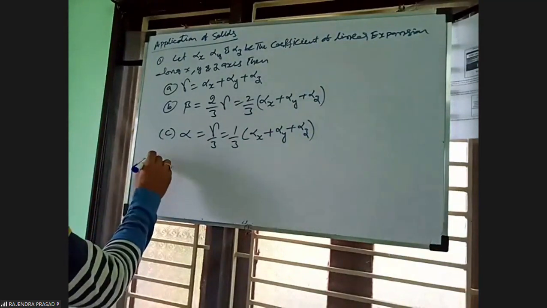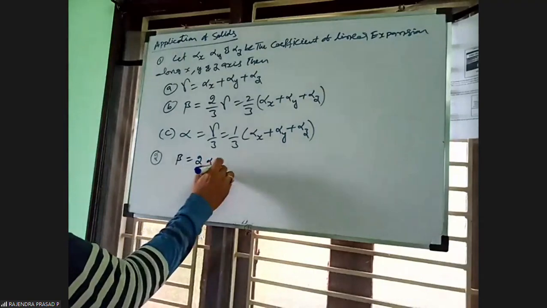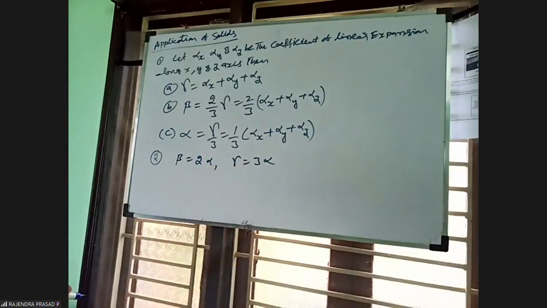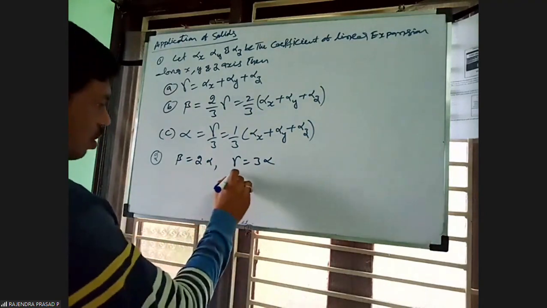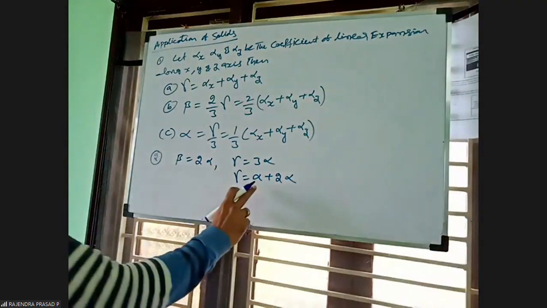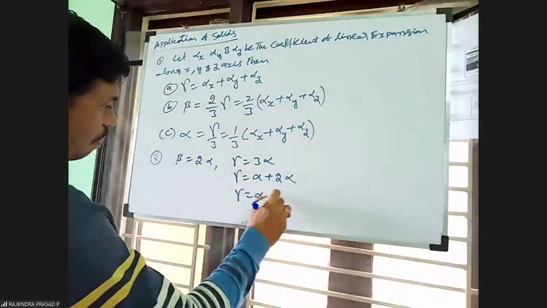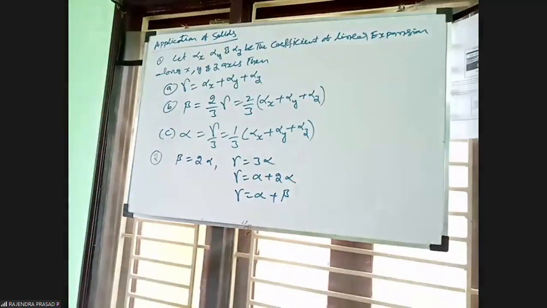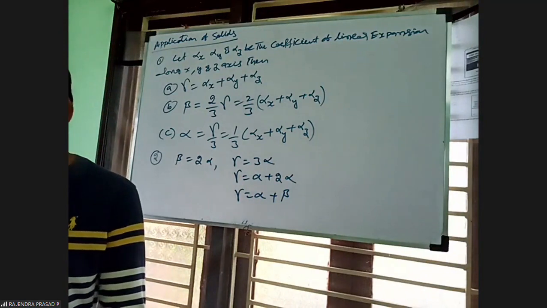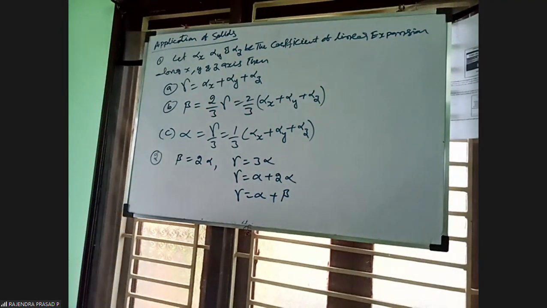So the second one: beta is equal to 2 alpha, gamma equal to 3 alpha. So gamma equals alpha plus 2 alpha, or gamma equals alpha plus beta also.